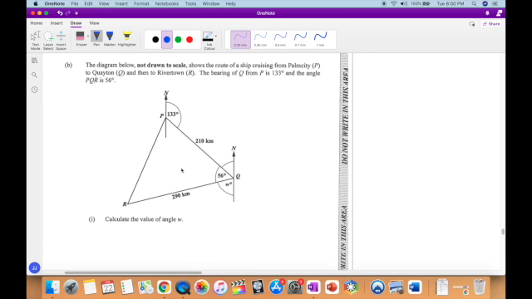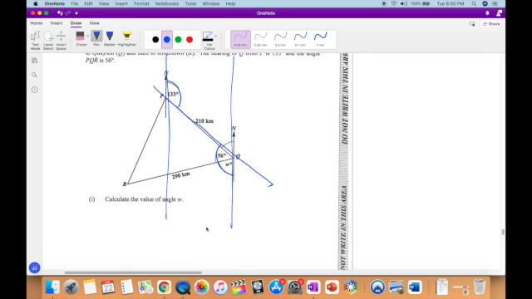So calculate the angle of W. Now remember, this is a north line and this is a north line, so these two are parallel, and so you could treat this like a transversal. So if this is a transversal, that means that this 133 degrees is actually going to be equal to this angle here.